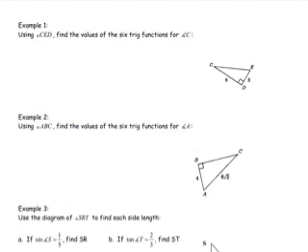Okay, so in example 1, we're going to find the values of the 6 trig functions for angle C. Since it tells us that we're talking about angle C, you can go ahead and put your theta here. And if we put theta there, that means the opposite is ED.